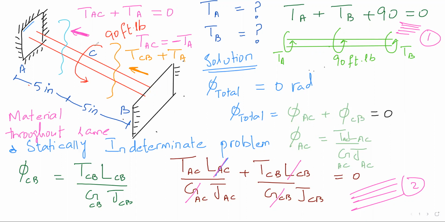But now I also have, I think, 90 pound feet as well, right? Equal to 0. So now I'm writing TCB plus TA plus 90 equal to 0. Boom, 2 equations. So I will say this is my equation, let's call it 2A. And this equation, beautiful, is 2B.